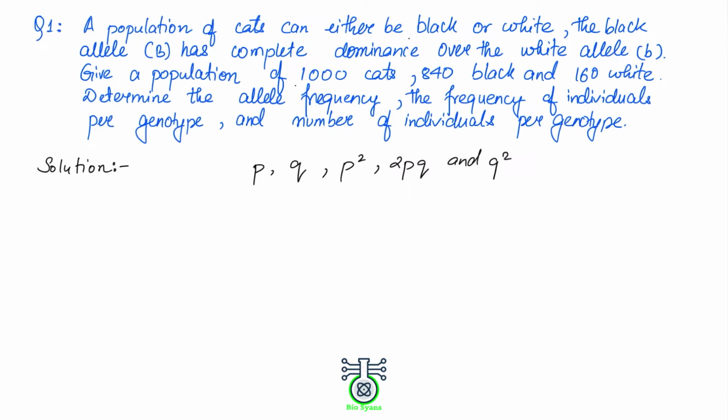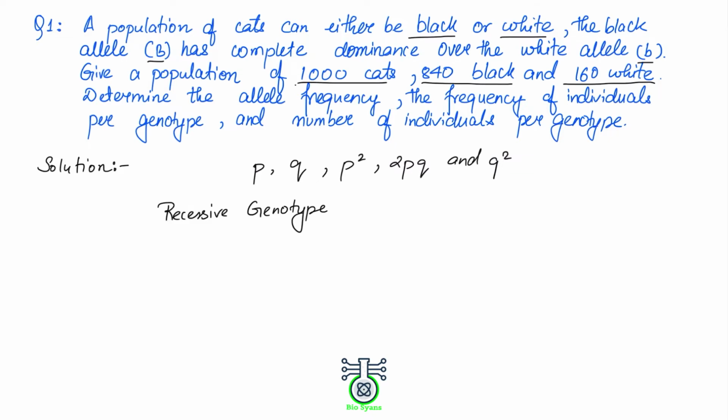However, the black cats can have either the genotype capital B small b or capital B capital B, so the frequency cannot be directly determined. So here we are going to consider the white cats. Why are we considering the recessive genotype? Because it has both alleles the same.